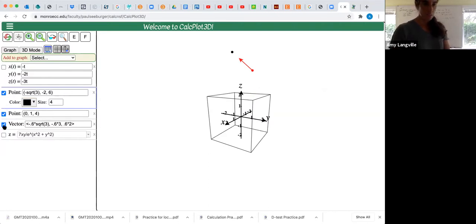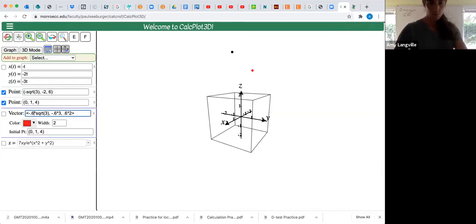And then the vector between them. So I entered square root of 3, minus 3, 2.